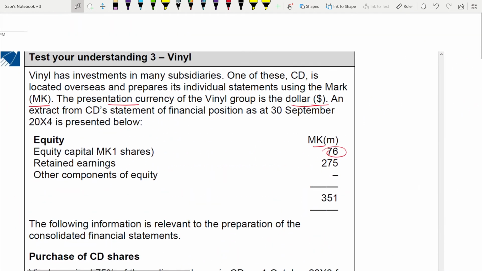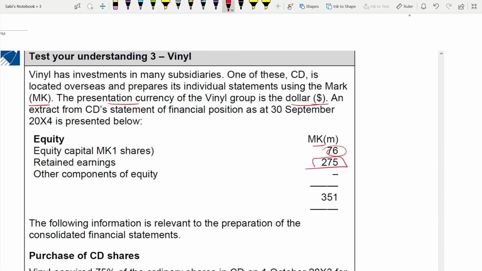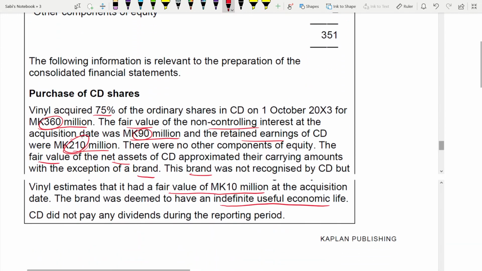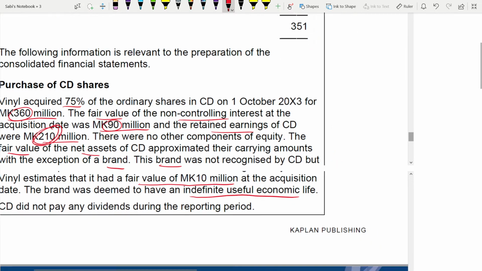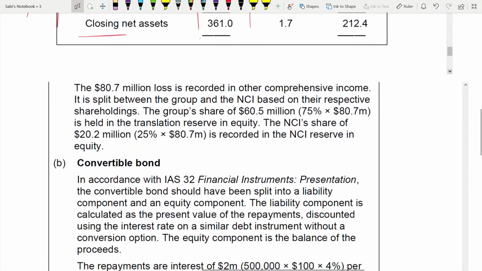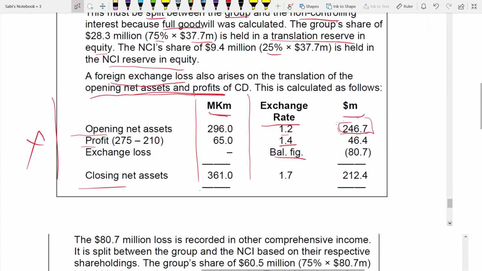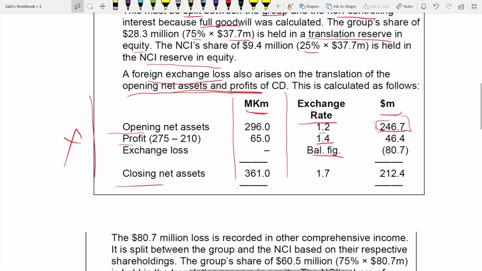This is your closing 275. Whatever is there in the statement of financial position is always a closing figure only. So retained earnings 275, and your opening retained earnings they will give you in the case study. This is 210. I've already circled it, at the date of acquisition. So 275 minus 210, that is your profit, 65. Divide by 1.4, you will get 46.4.